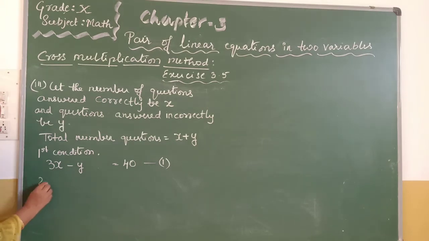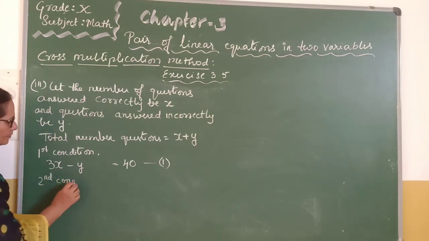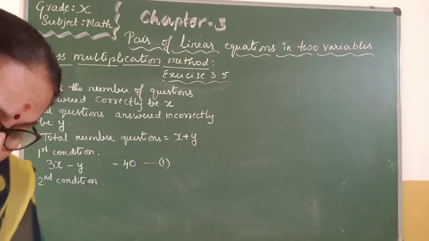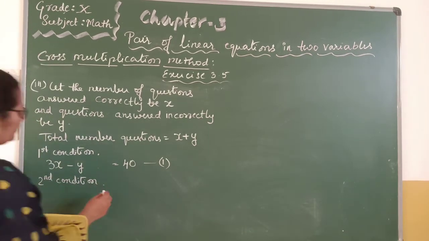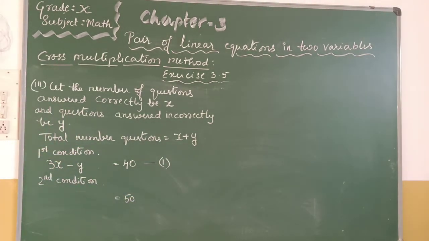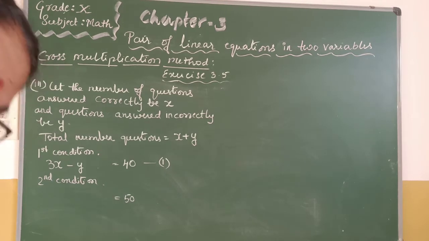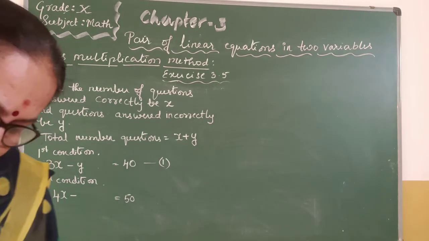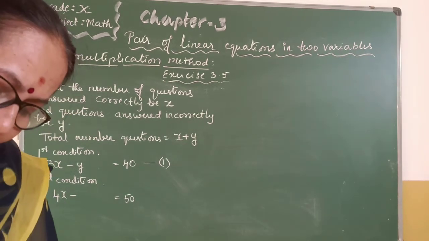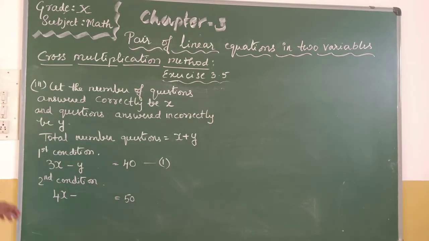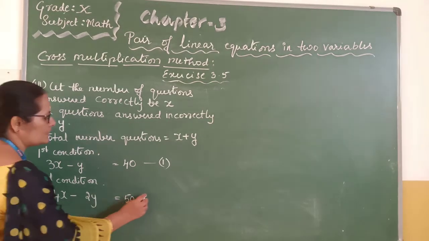And the second condition: he would have scored 50 marks if he gets 4 marks for each correct answer, that is 4x, then 2 marks being deducted for each incorrect answer, that is minus 2y equals 50.